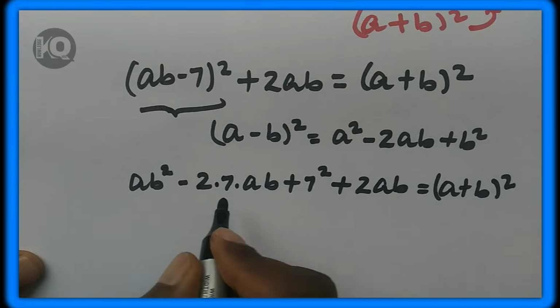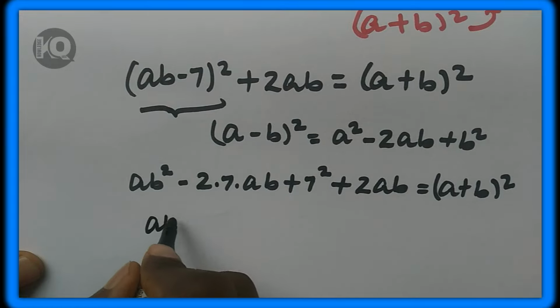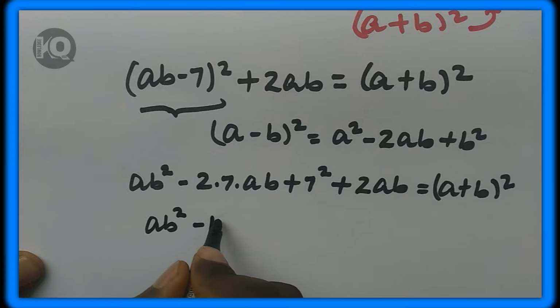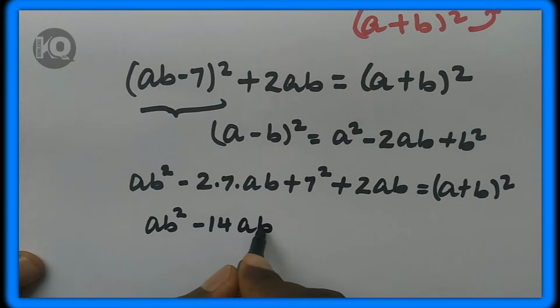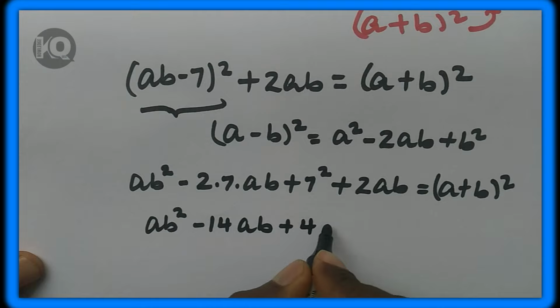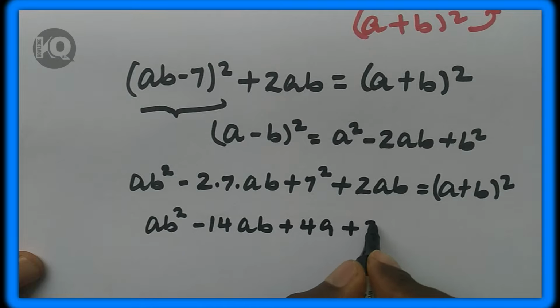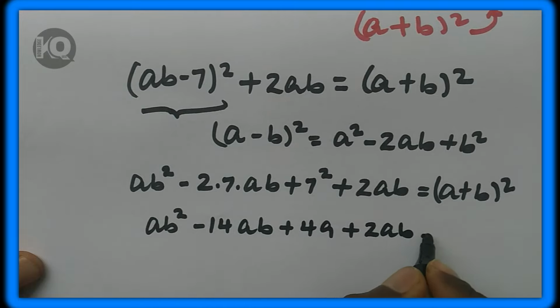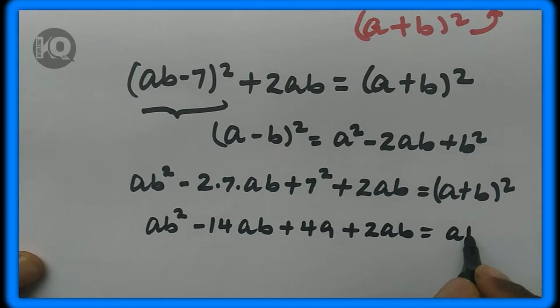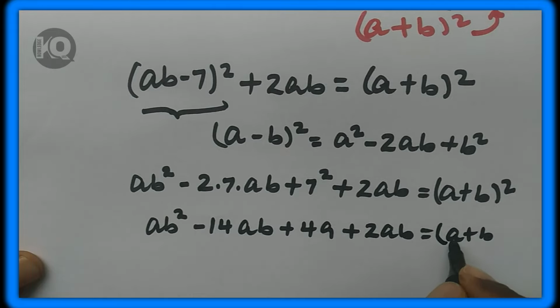So now it will be (ab)² − 14ab + 49 + 2ab, which is equal to (a + b)².